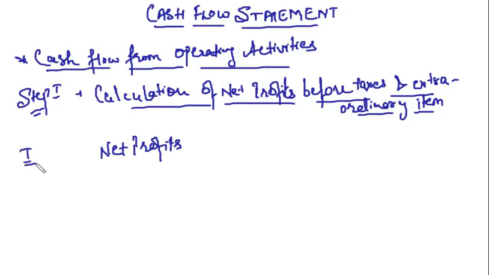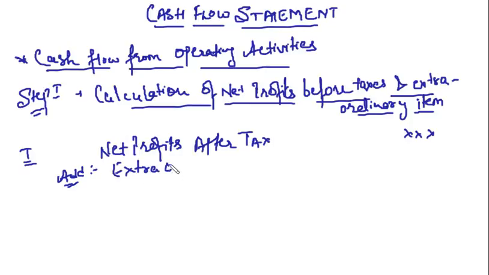I'm discussing case 1. Net profits after tax are given. Tell me the items that are to be added back. Extraordinary expenses, because these expenses are not related to the ordinary operations of the business, not related to the routine operations of the business, but these extraordinary expenses must have been debited in the profit and loss account.